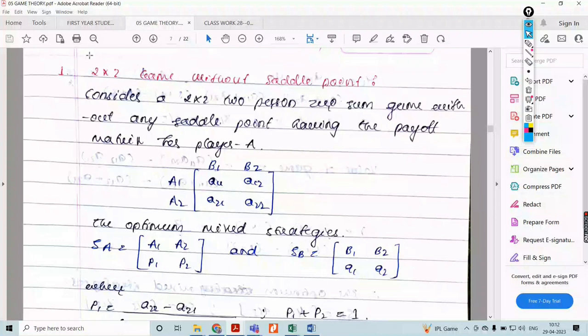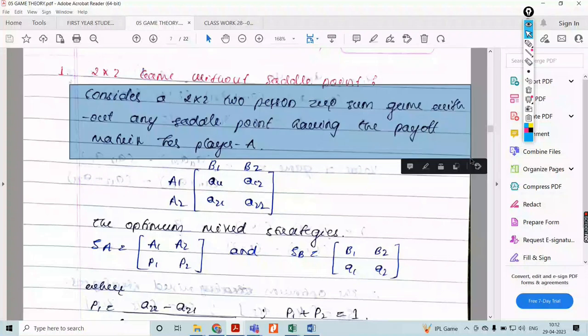Whatever 2x2 matrix you get should be a 2-person zero-sum game without any saddle point, having a payoff matrix. In that 2-person game, the sum of the outcomes should be 0. That itself is used to identify the method.